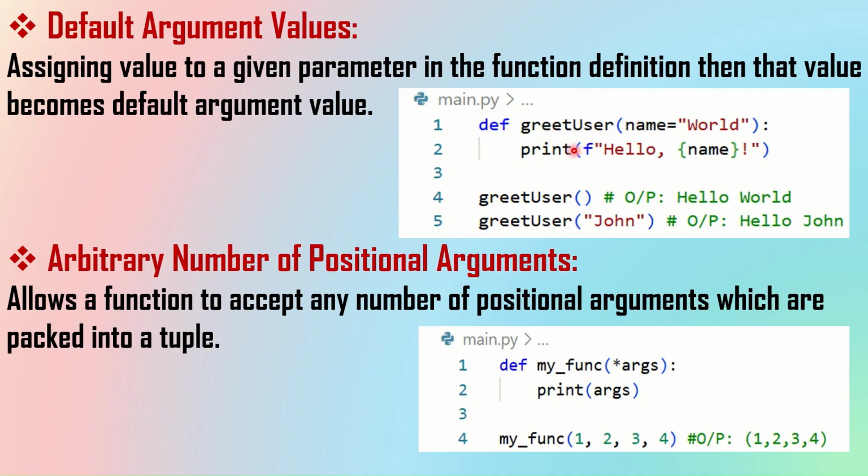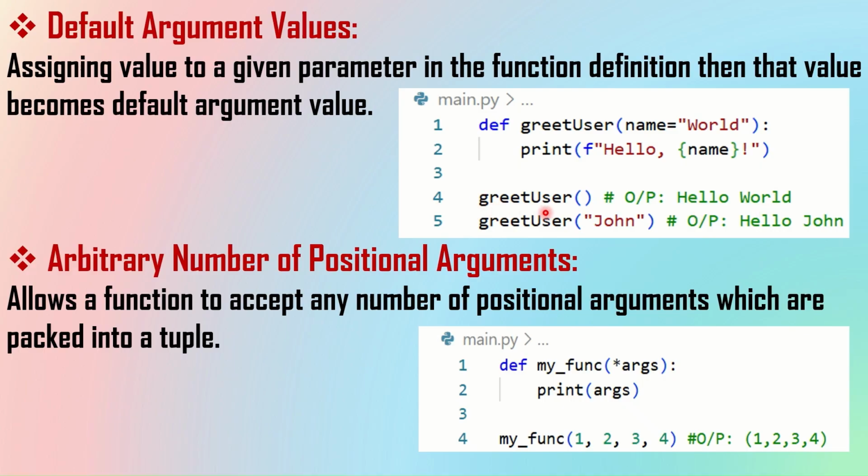I'm going to use this parameter inside the function by printing hello, comma, name. In the fourth line, you can see I have called this function with no parameters passed. Of course, we need to call this function inside the print statement, then only we can see the output as hello world.